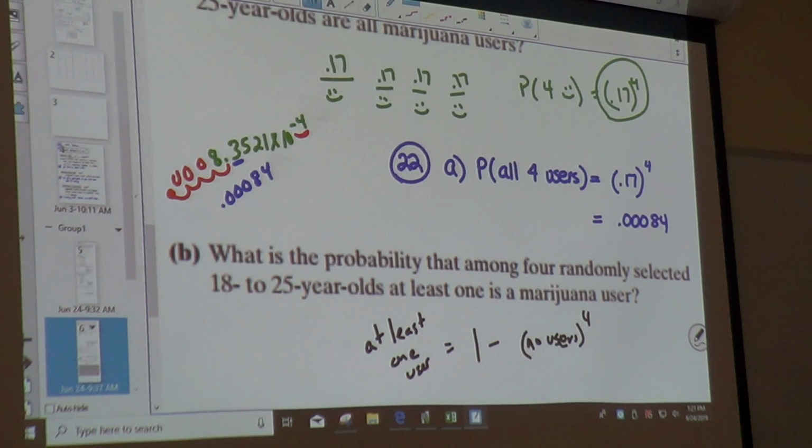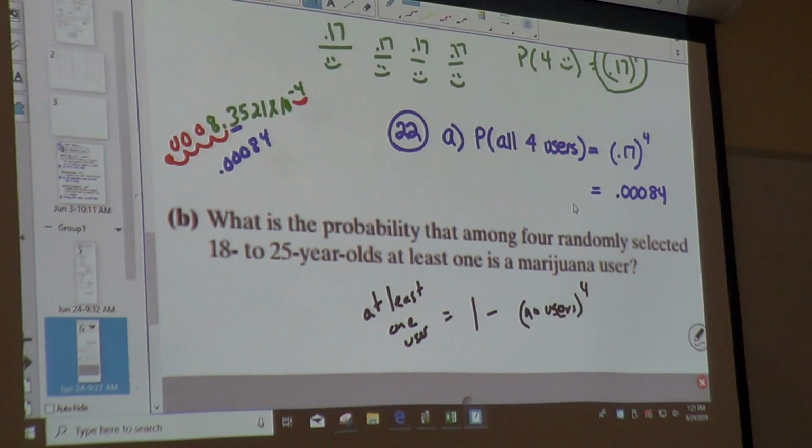What's the no users? 1 minus 0.17. The users were 0.17, so the no users are going to be 1 minus 0.17, which is 0.83. That's your no user. So it's going to be 0.83 to the fourth, 1 minus that.